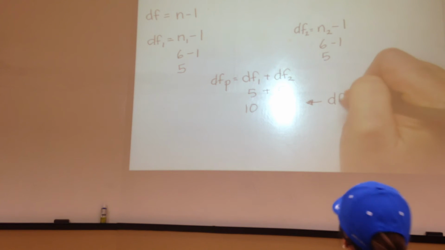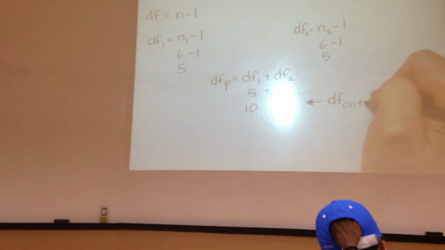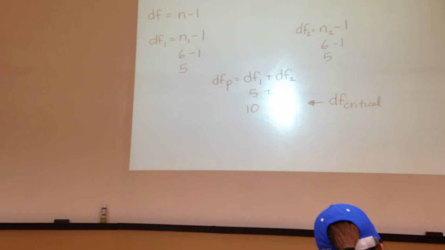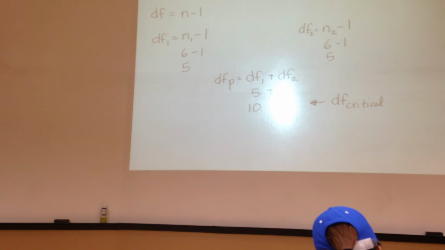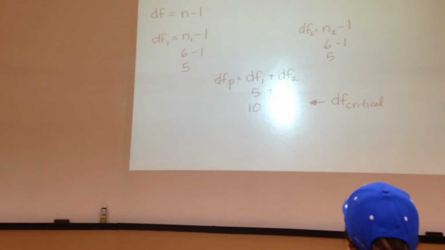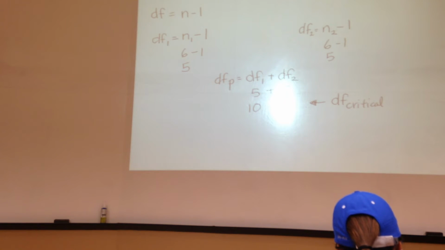I refer to that as the df critical, meaning that's the degrees of freedom you need to look up the critical value. That's the one that you need to use for the chart. For the independent samples t-test, that's the one you have to get to first to look it up.